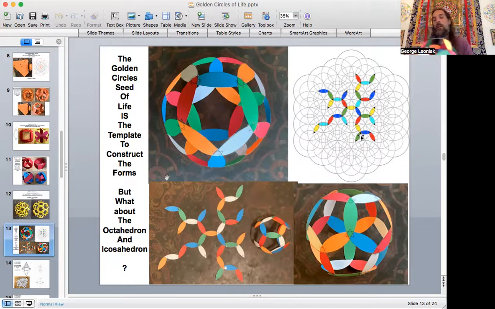But they all have this in common: they all meet with 3, right? 3 at these central vertices, 3 in a corner of a cube, and 3 at the peak of this. So that works really nicely with 3, but the octahedron has 4 edges meeting at a vertex, and the icosahedron has 5. So I had to do some experimenting with that to figure it out.